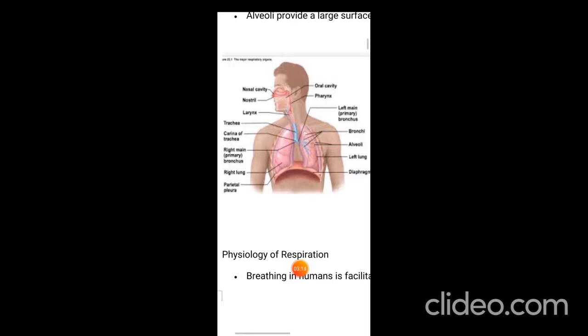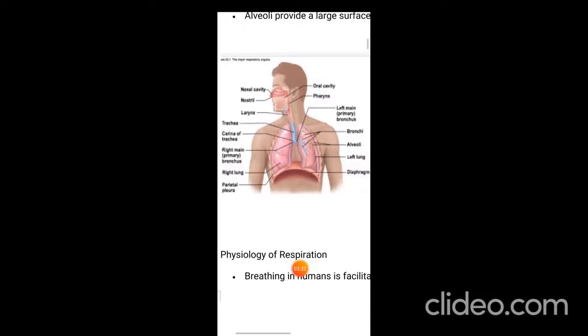Another thing, if you observe the lungs properly, you can see a small C-shaped muscle on which the lungs are placed; that is known as the diaphragm.